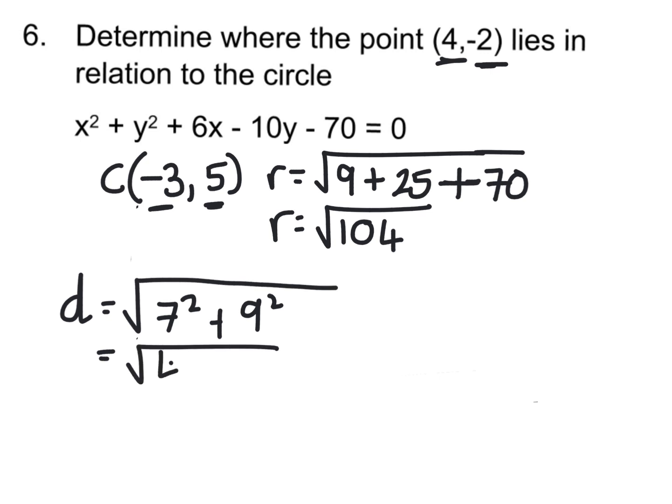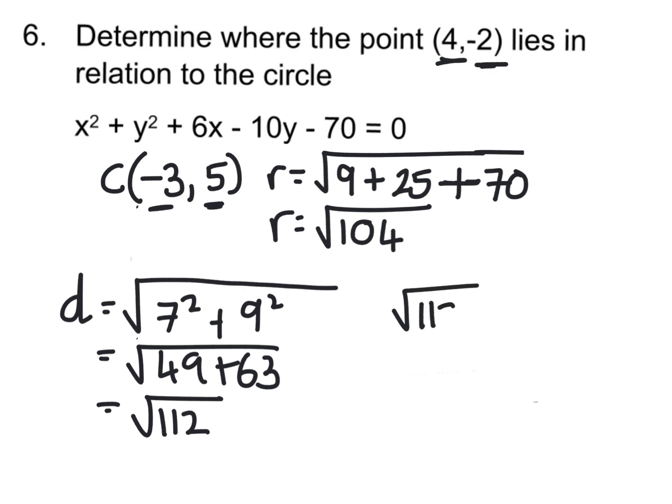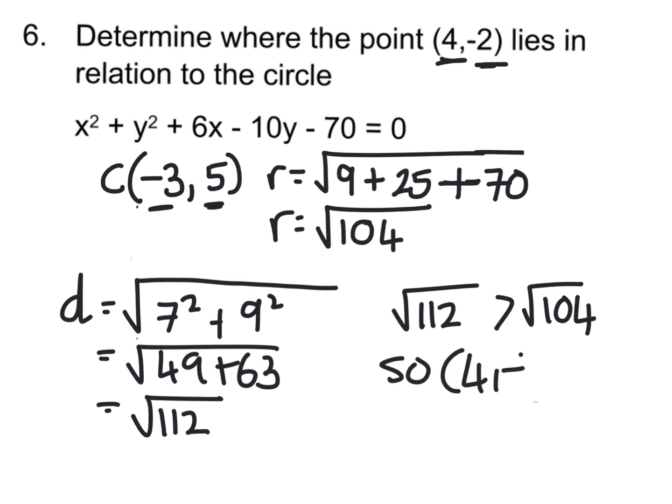So that's 49 plus 63, which is 112. They don't match. If my point lay on the actual circumference, my distance would match the radius, and it doesn't. So in this one, I could say root 112 is greater than root 104, so the point 4, negative 2 lies outside the circle.